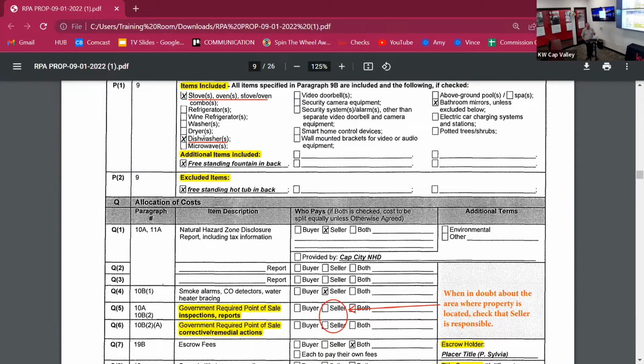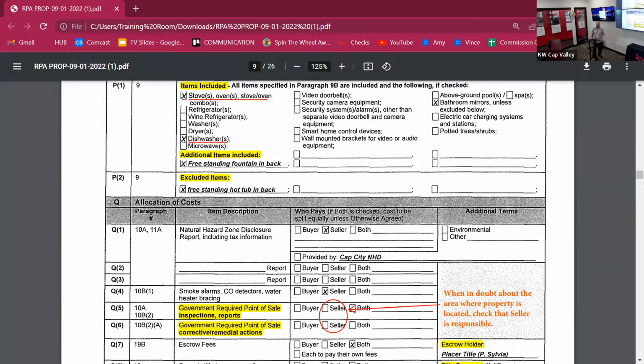Well, here, everything that's put in here is actually part of the contract. And so, if the MLS says that the refrigerator, washer, and dryer are included, but you don't put that in here, they are not part of the contract.